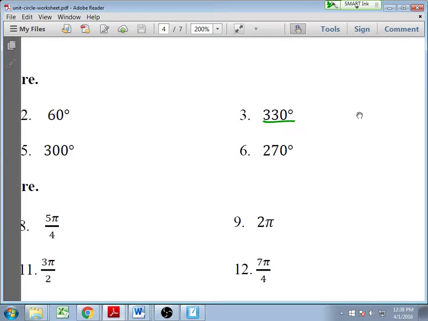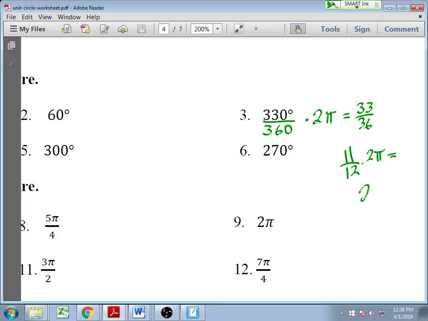Because 330 is such a big angle, I'm just going to use the technique that we used first, over 360, then times the 2 pi. That gives me 33 over 36, which I could reduce into 11 over 12 times 2 pi.